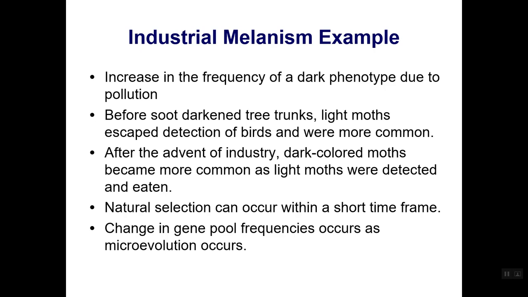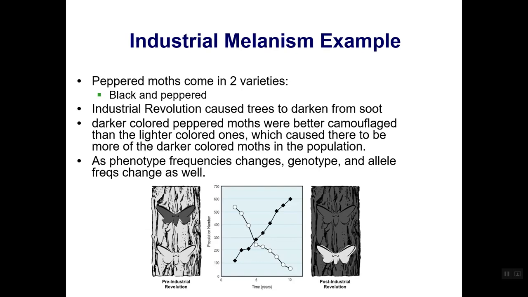And so because the environment where these moths lived became darker, it favored the dark-colored moths. And so the light moths would be detected and eaten by these birds. So that is natural selection that occurred in a very short time frame. There's a huge change in the gene pool frequencies that occurred as this microevolution occurred. So let's look at some graphs.